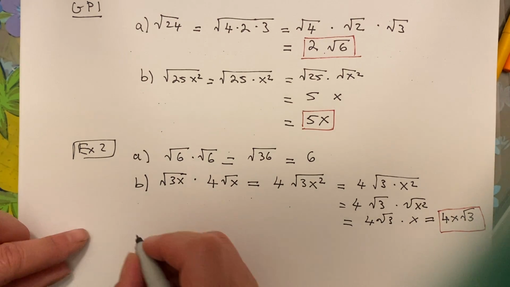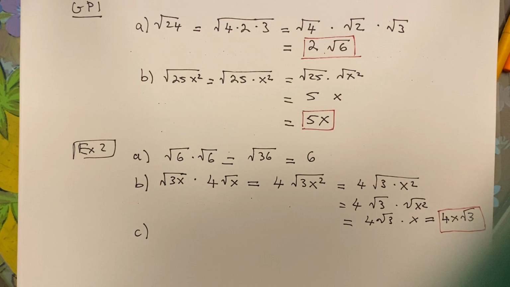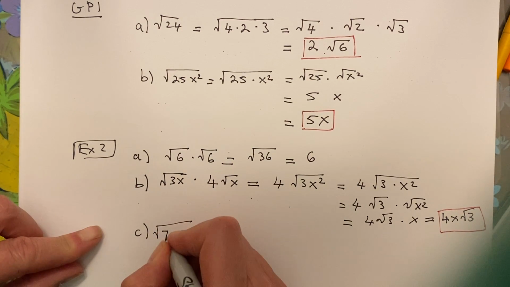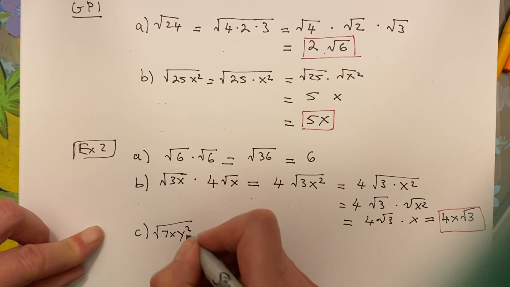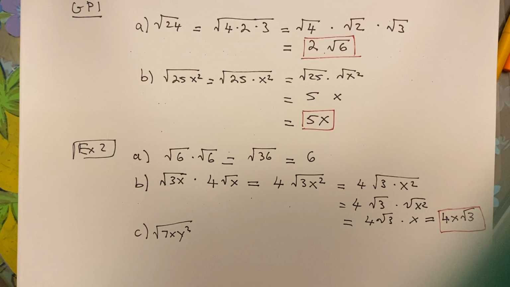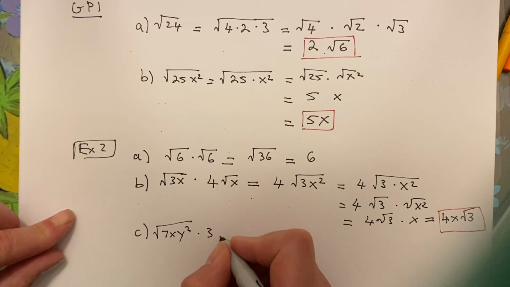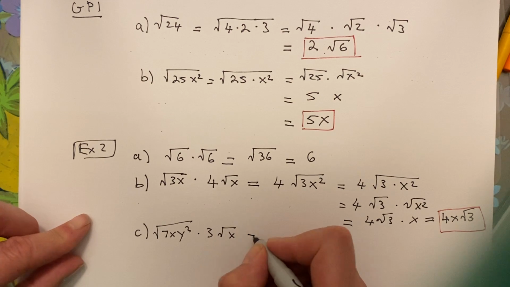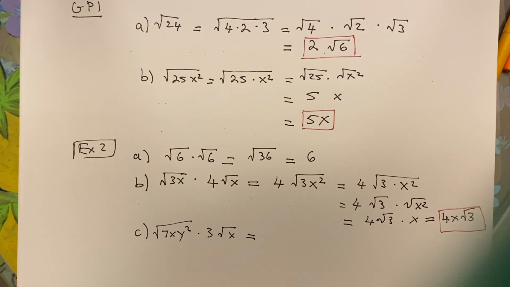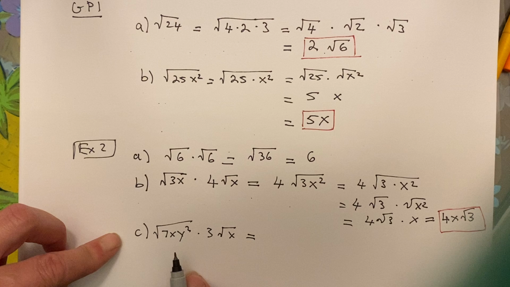Let's try another one. Let's look at the square root of 7xy squared times 3 square root of x. Just as we did the first time, our first step is we've got to combine these two.